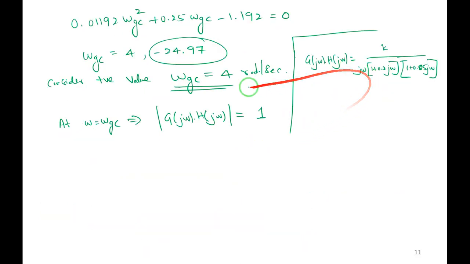Okay, I want the magnitude. So the magnitude of K is K only. Then the magnitude of j omega is the root of 0 square plus omega square, which is omega.